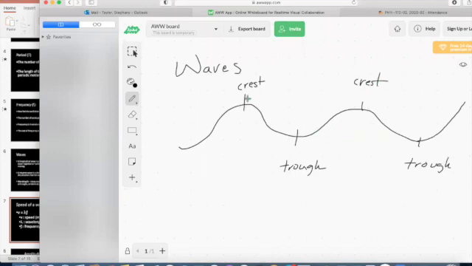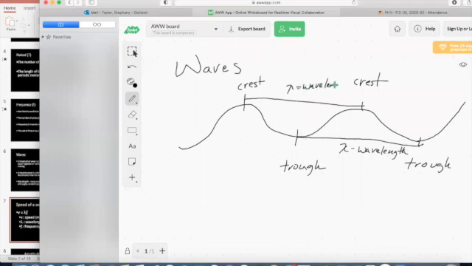The distance between either two crests or two troughs is known as your wavelength. Lambda is your wavelength. The distance between two peaks or two low points is your wavelength. This is the Greek letter lambda, and it is your wavelength.